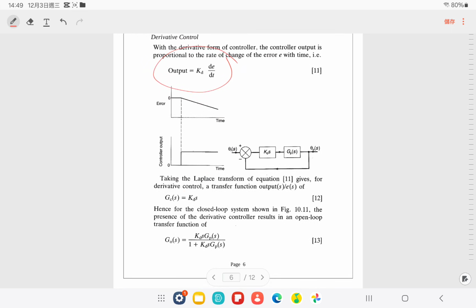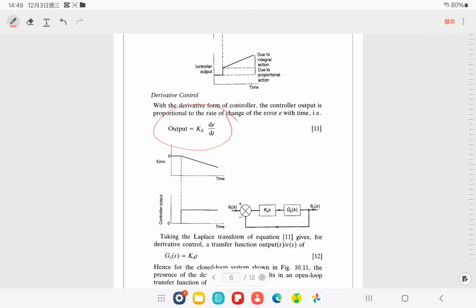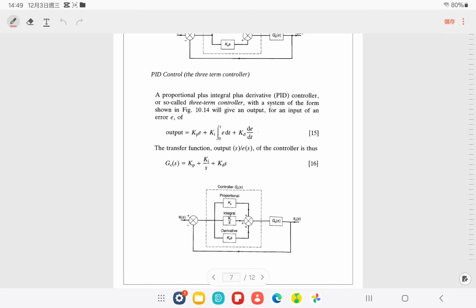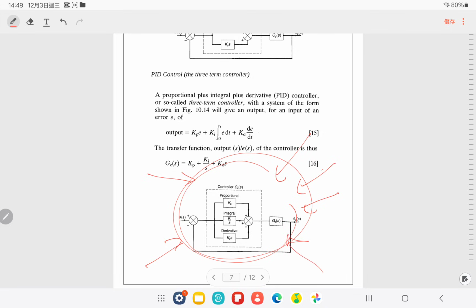And then of course, very important, this diagram, because this is a summary of the PID controller.